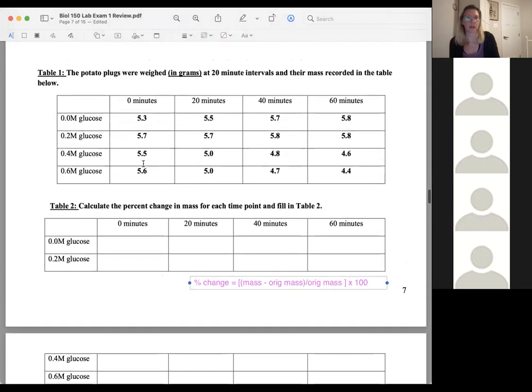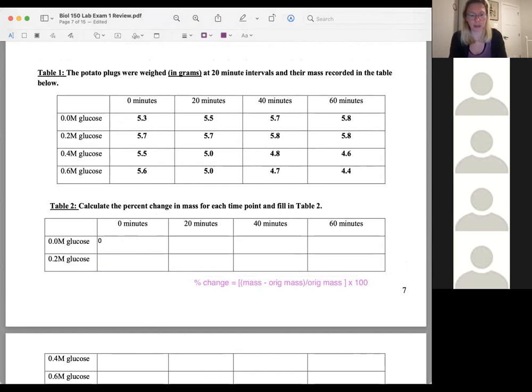All right, so if we try to calculate the percent change at 0 minutes, what is the percent change going to be? 0. Yeah, it's going to be 0 because if you're comparing how much 5.3 is different from 5.3, it's not different at all. So there's no difference at the 0 time point because we're just starting the experiment.